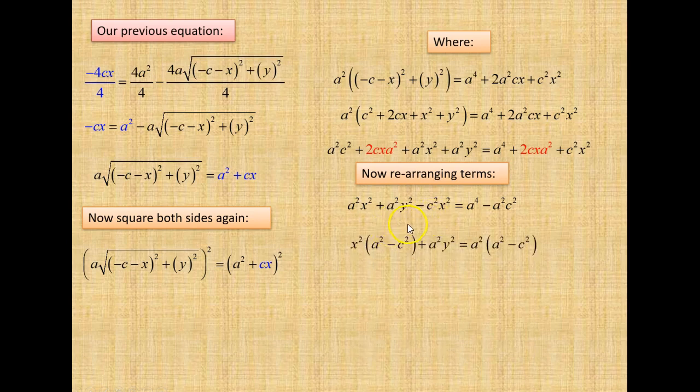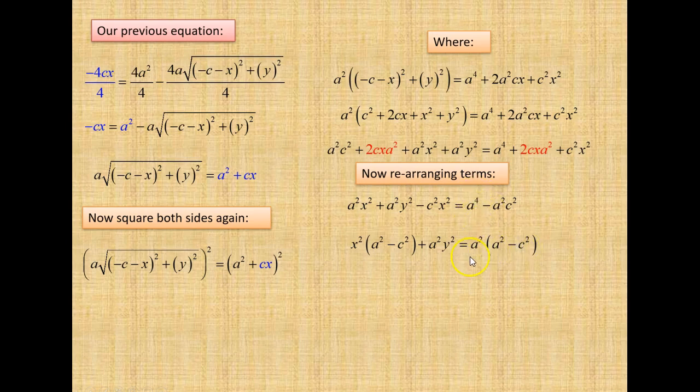And then we factor out x squared from this minus c squared x squared and a squared x squared. So that leaves x squared times a squared minus c squared plus a squared y squared equals a squared times a squared minus c squared.